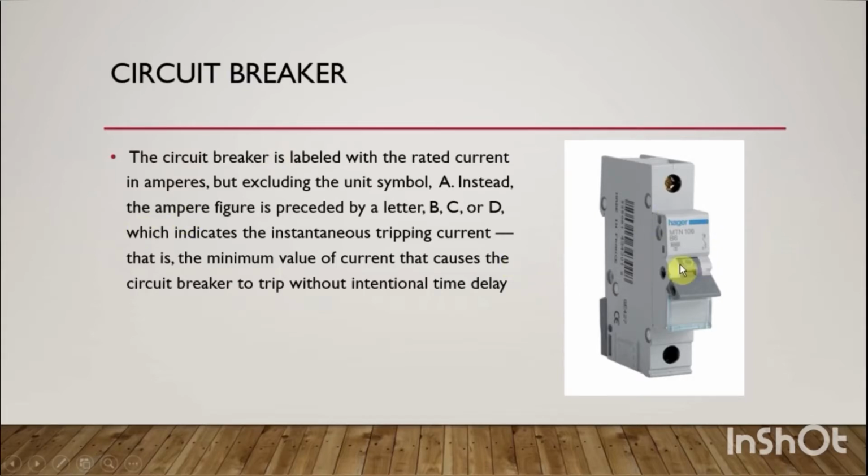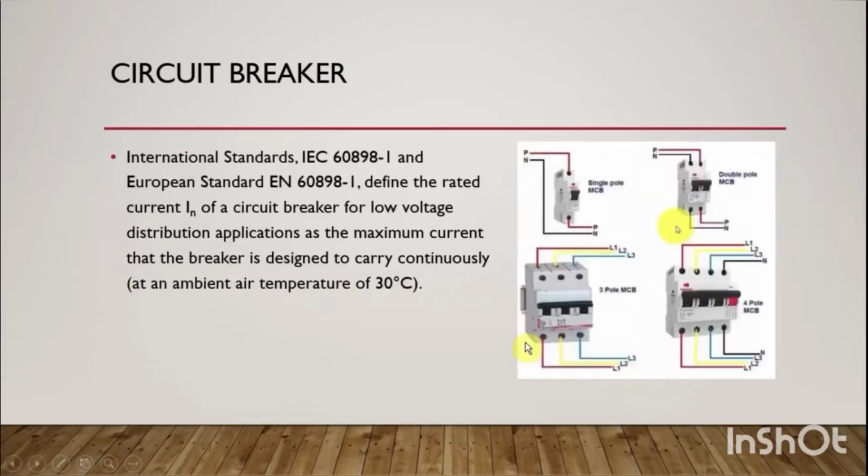In this picture, the number of the circuit breaker is B6. So it means the rated current is 6A and the type is type B. So this is a type B 6A MCB.